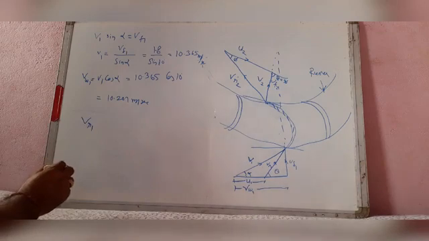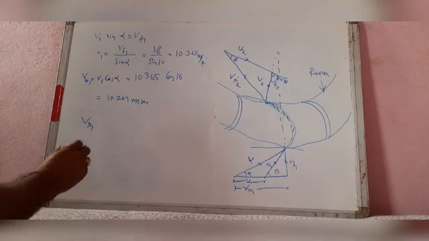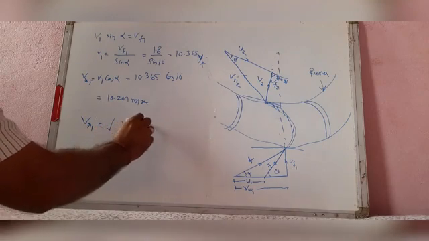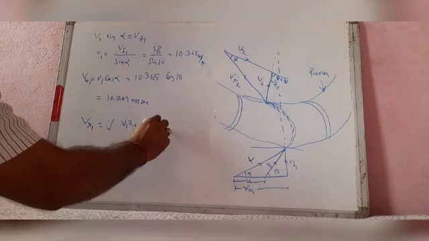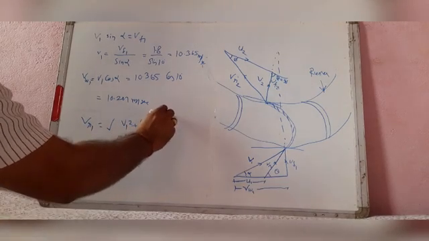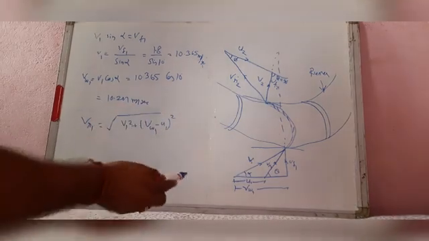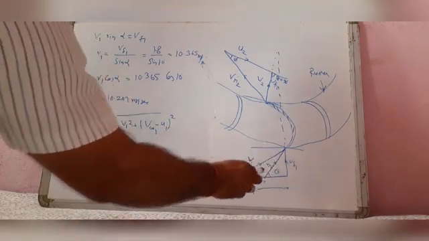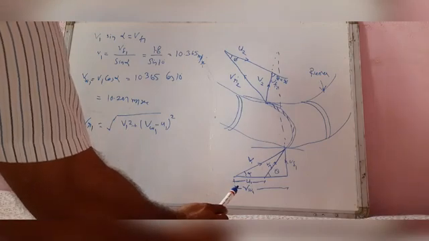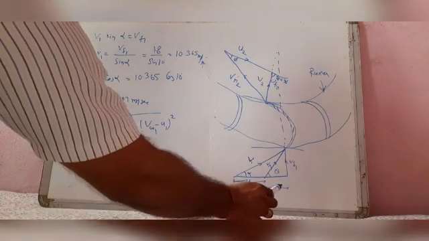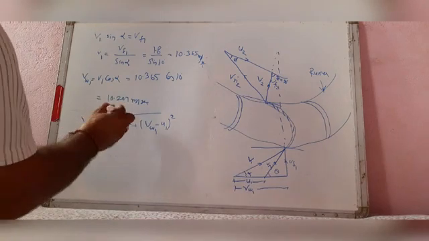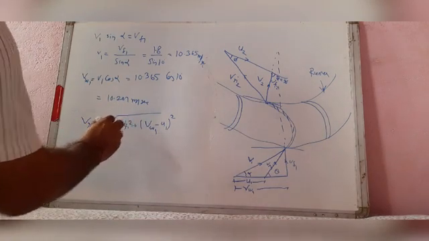Relative velocity at inlet VR1 we have to calculate. For this, VR1 square equal to (VW1 minus U1) square plus VF1 square.